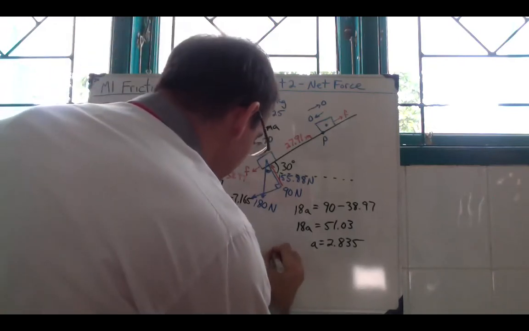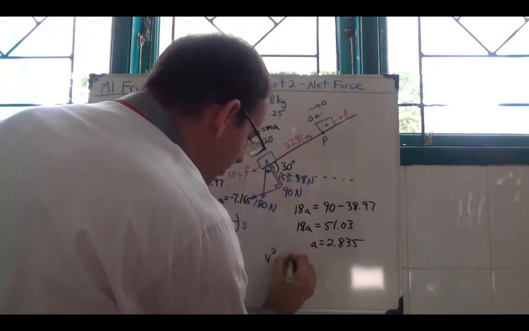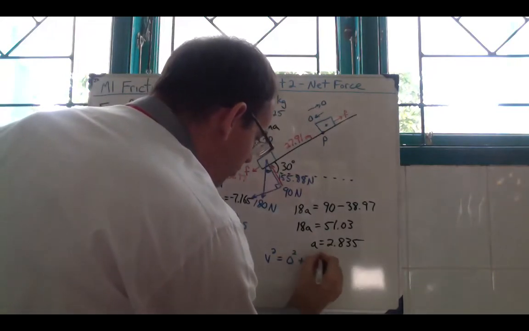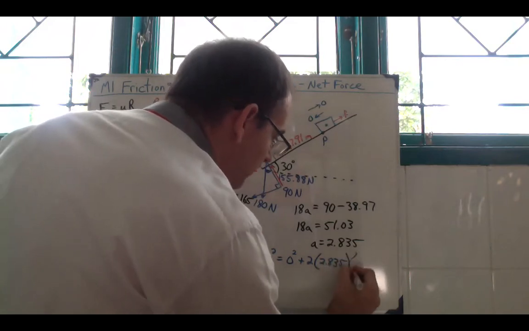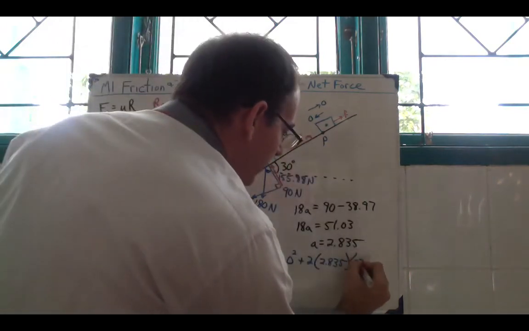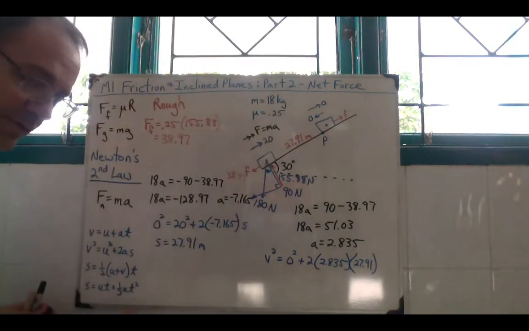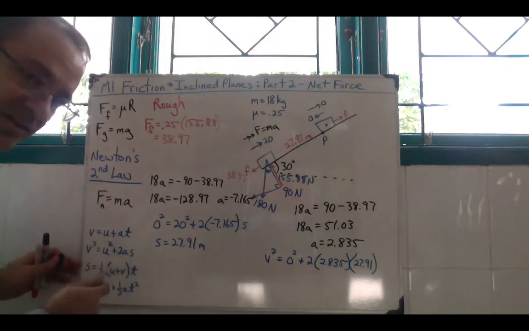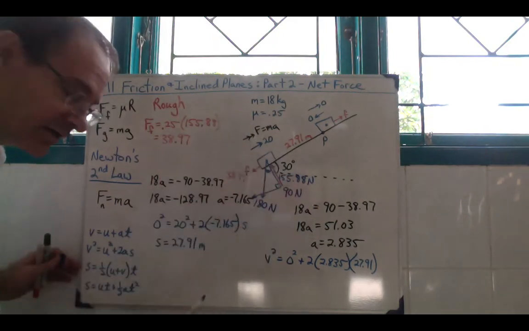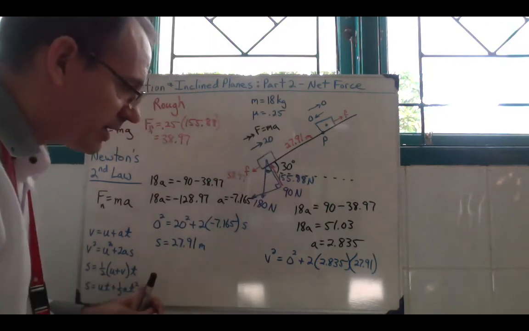So our v squared equals u squared, now our original is 0, plus 2a, which is now 2.835, times the distance, which is 27.91. So make sure you look carefully through your SUVAT equations for the one that has the information that you've already worked out, and also has the variable of which one you're looking for.